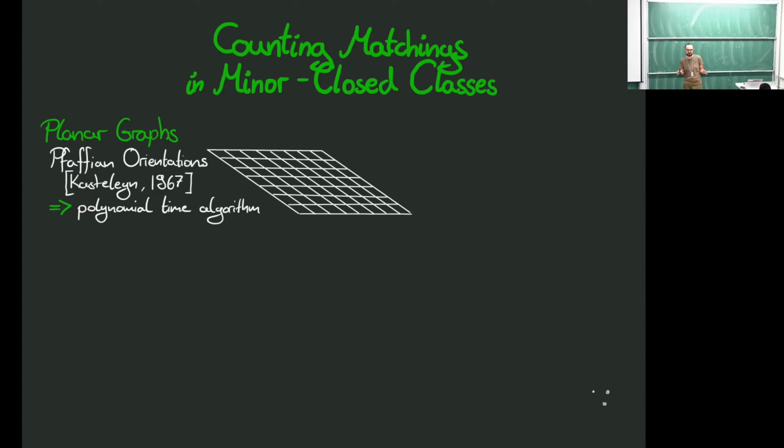So you can think of this as a way to express the number of perfect matchings as the determinant of some matrix. And what Kasteleyn proved initially was that every planar graph has such an orientation. So for every planar graph, I can make this transformation, and I can find these orientations on planar graphs in polynomial time. Thereby, I'm able to count perfect matchings on planar graphs in polynomial time.